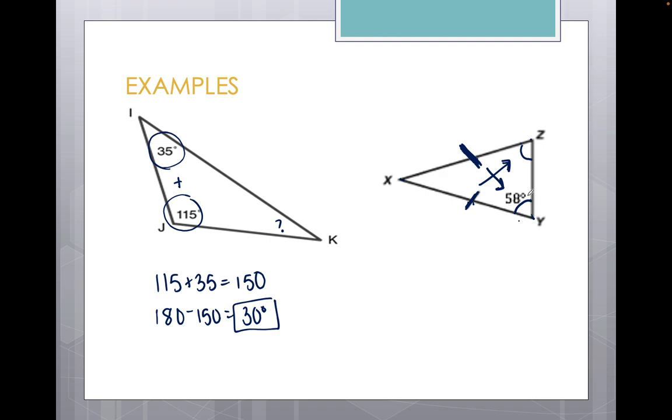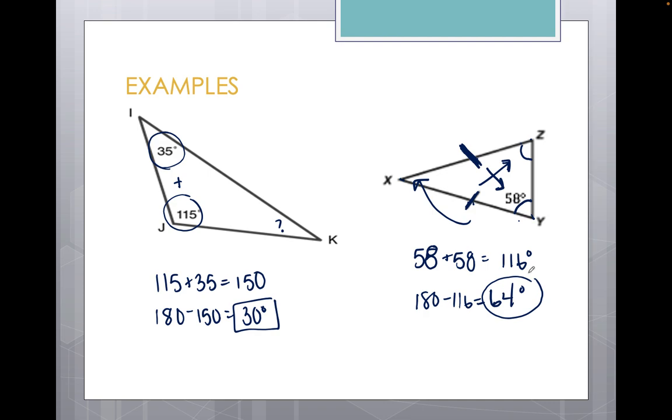So if angle Y is 58, angle Z is also 58 degrees. So 58 plus 58 equals 116 degrees, which means whatever is left will be angle X. So 180 minus 116 is 64 degrees for angle X in the diagram. So angle X equals 64 degrees and angle Z equals 58 degrees.